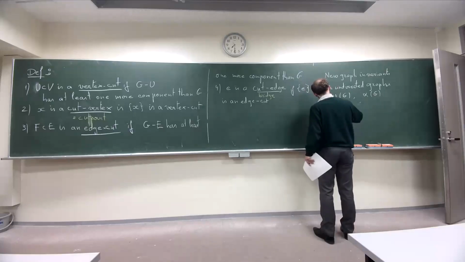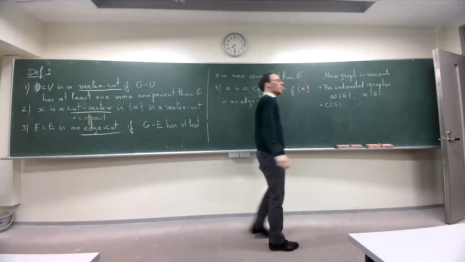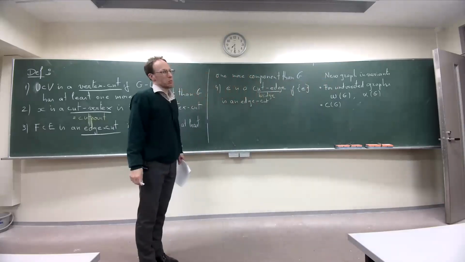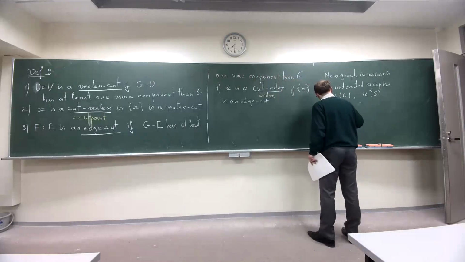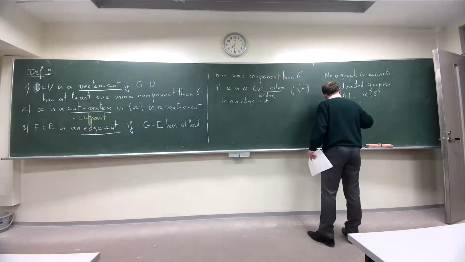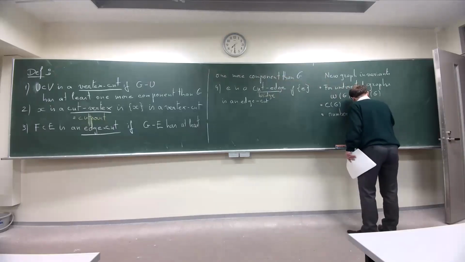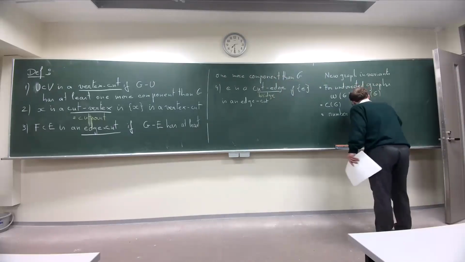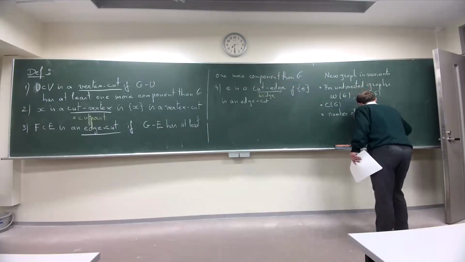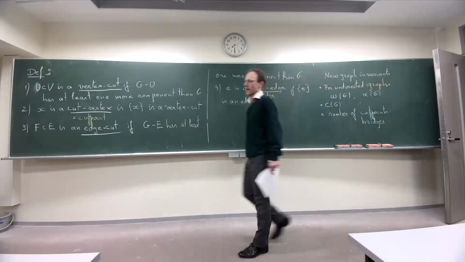We have also C of G, which is the number of components. This is also for graphs with orientations. And you can look at the number of cut points, or the number of bridges. There are also graph invariants.